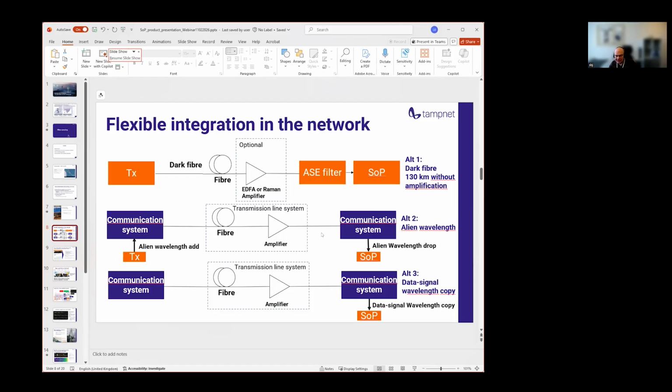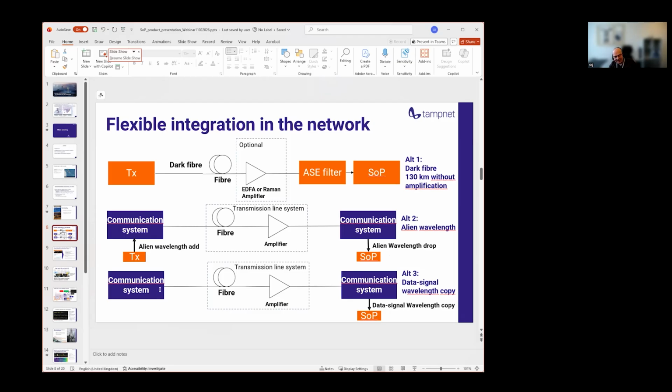So we send a continuous wave through the line system, and at the receiver side, we drop it, filter it out, and send it into our state of polarization instrument. This is not a polarization multiplex signal. It's a polarized signal, and it goes through together with polarization multiplex signals, but the channel itself is not polarization multiplexed in this example.